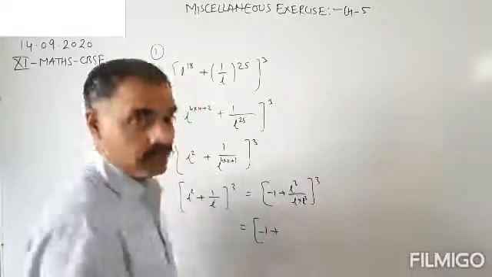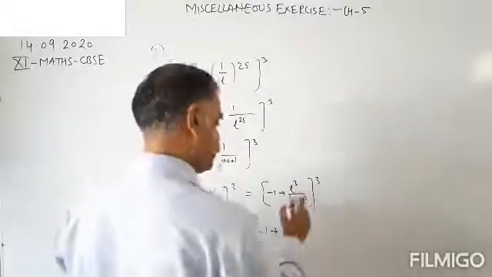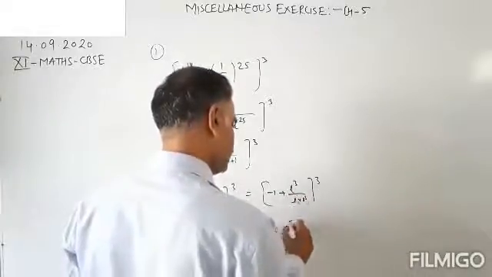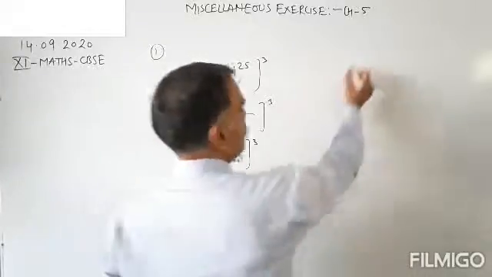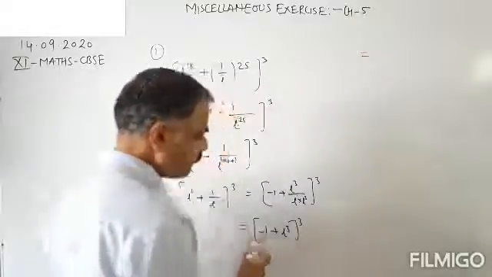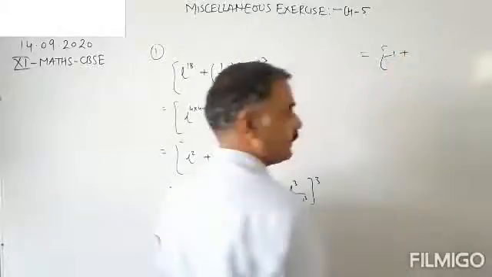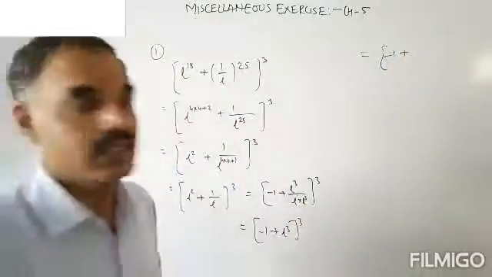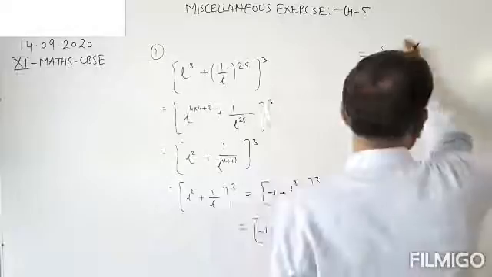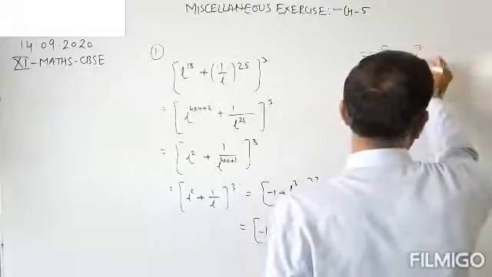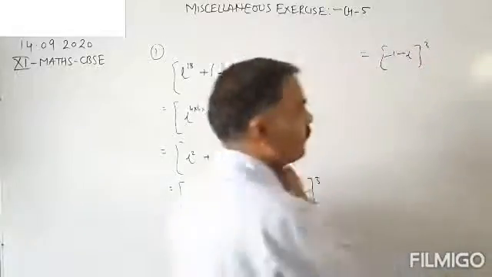Iota to the power 4 is 1, so we get iota to the power 3, and whole power 3. This is equals to minus 1 plus iota to the power 3, which is minus iota. So (minus 1 minus iota) whole power 3.